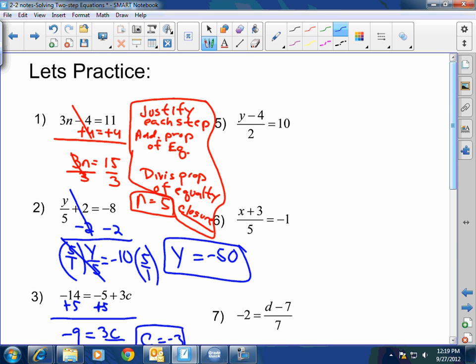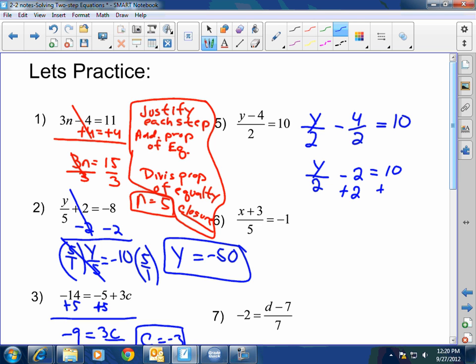Okay, now here. Let me explain what this is really saying to you. Don't write anything right now, just pay attention, please. Do you guys remember that this is just the reverse of the distributive property, but for division? So what this really says is y/2 minus 4/2 equals 10. You with me? So what this really says is y/2 minus 2 equals 10.